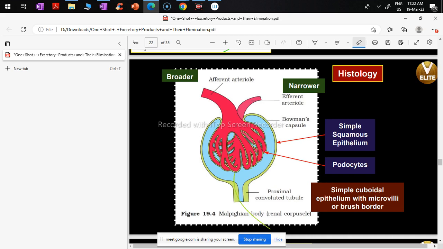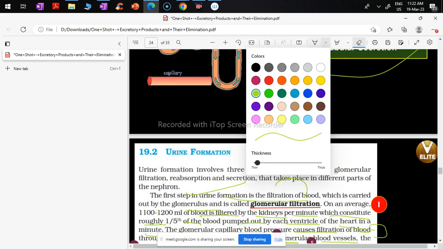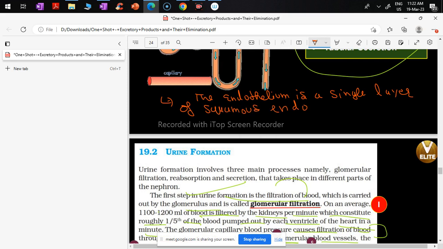So when I am saying endothelium, note this point also for your knowledge, I am writing here: the endothelium is a single layer of squamous tissue, which we will study later in the tissue chapter, chapter number 7 of 11th.